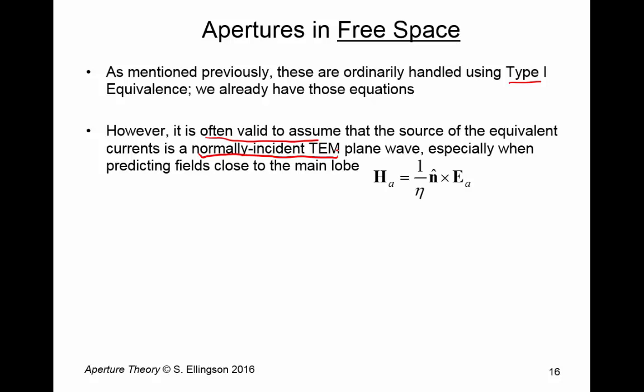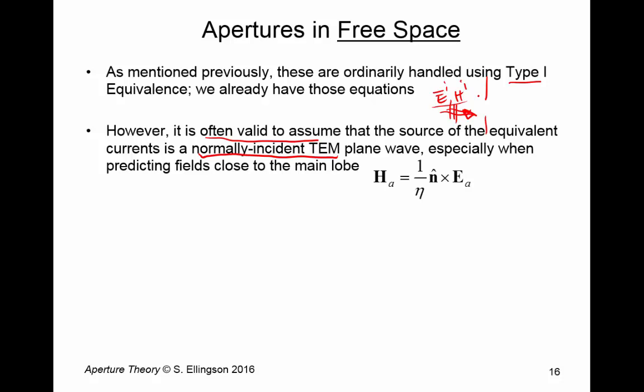So what we're doing here is we're assuming the fields incident on the aperture from the backside, if you'd like to call it that, are normally incident. So in other words, E^i and H^i look like this. They're plane waves which are normally incident on the surface. They're not spherical waves. They're not approaching from some oblique angle. They look like this here.